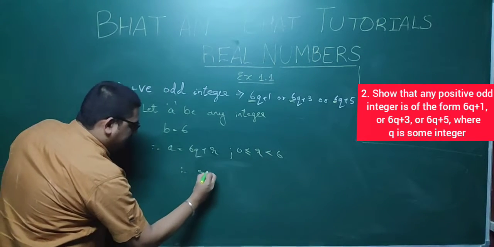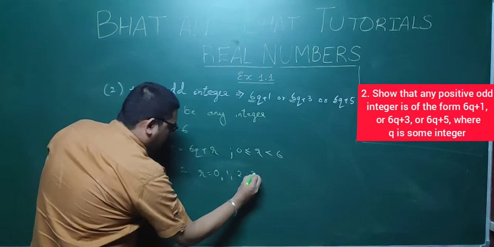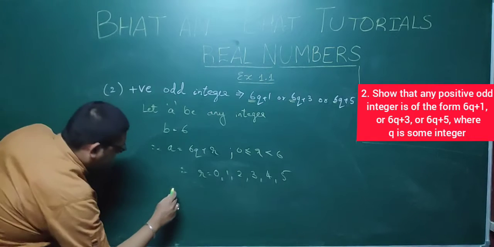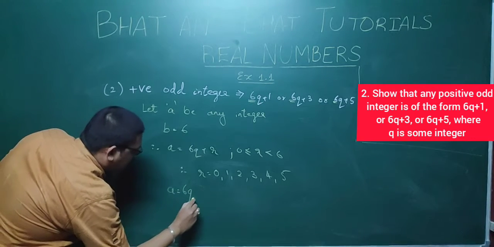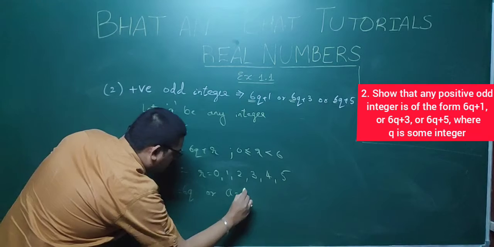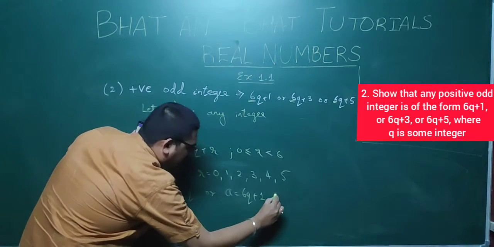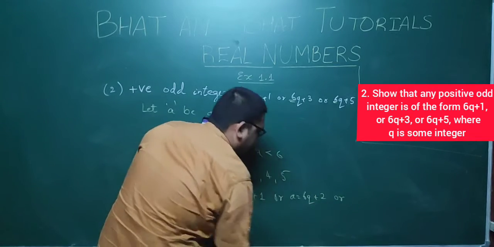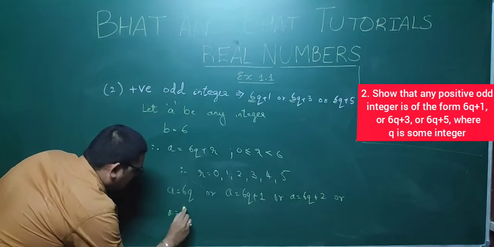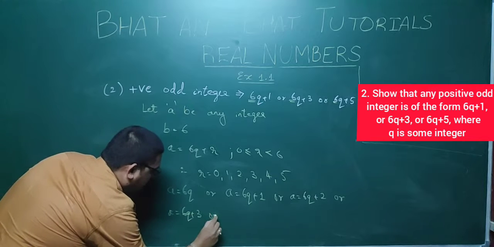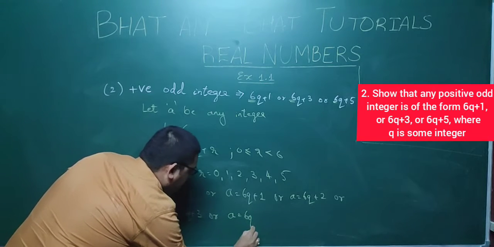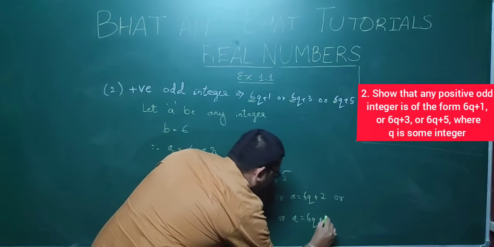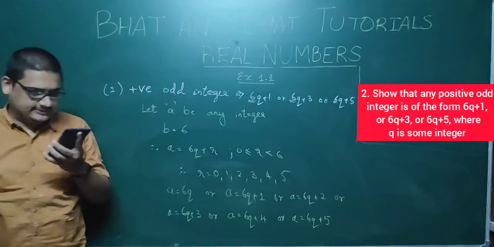Therefore, what will be my r? 0, 1, 2, 3, 4, 5. Which means my a can be equal to 6q, or 6q plus 1, or 6q plus 2, or 6q plus 3, or 6q plus 4, or 6q plus 5. Correct?